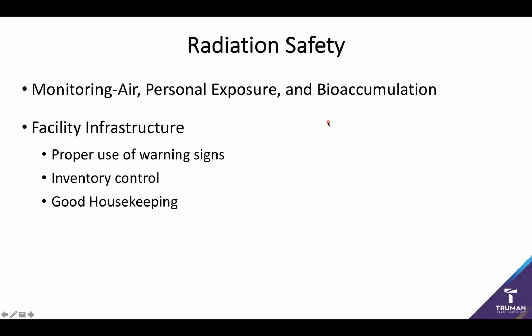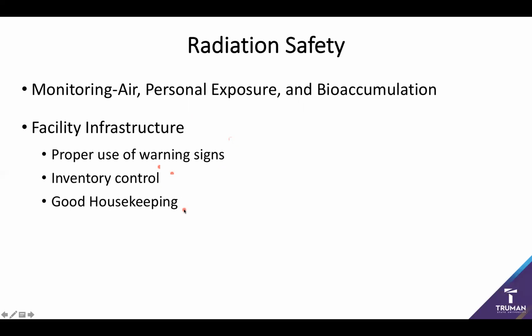And hopefully your facility is going to make use of several key features. First of all, make sure that if a room contains radioactive materials, it has the appropriate warning signs. Again, inventory control, so that you know where all the radioactive material is at all times, so it doesn't end up someplace it shouldn't be, which is again part of good housekeeping.